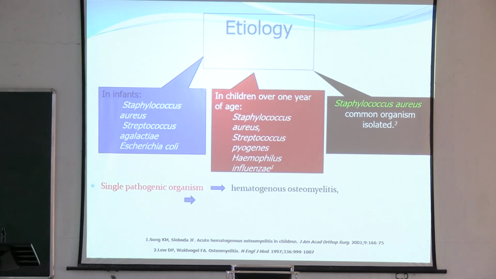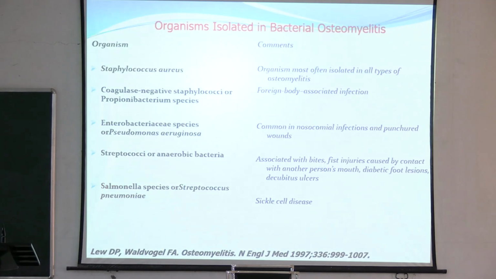The most common route, if you see, is the hematogenous osteomyelitis. Many patients come with an infection that is lodged somewhere else, but you may present with an infection in a bone, deep pain inside the bone, and that comes through the hematogenous route. But one of the most important things you have to know is where in the bone this most commonly happens. And this again you can just take a snap.